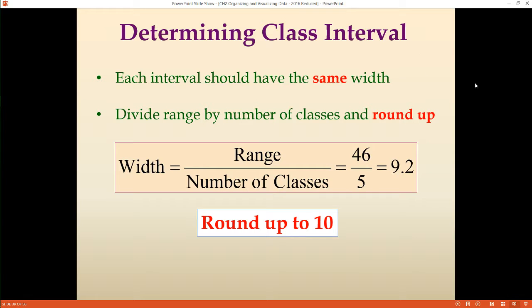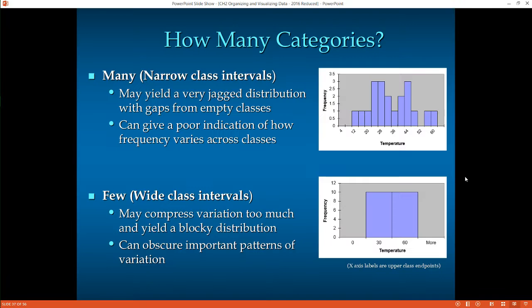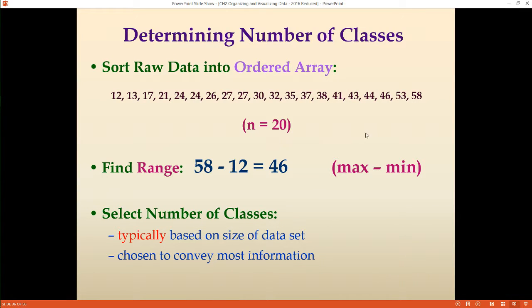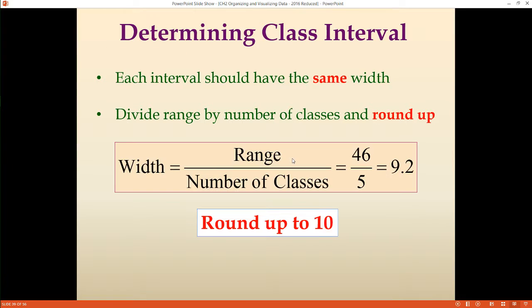Okay, so we have that little 20 observation data set here. Remember we have a range of 46. If we divide that by the number of classes, 5, this gives you a rough idea of the range. So note it says round up. So 9.2 makes it a 10.